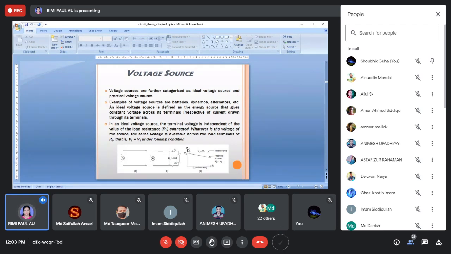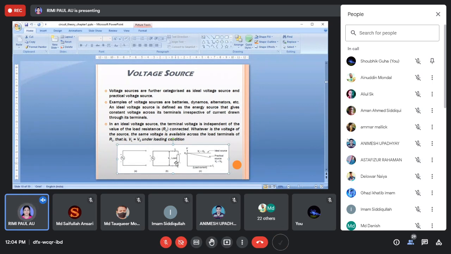That means whatever load you connect, whatever current it takes, a load always draws current. You can take a resistive load like a bulb, or a motor which is an RL load.